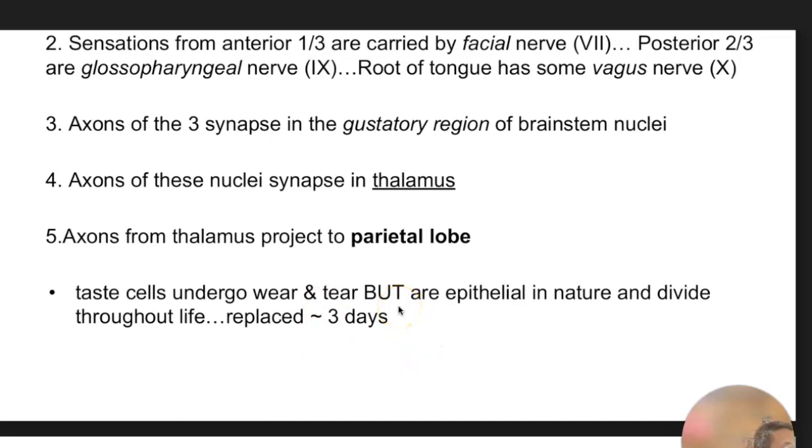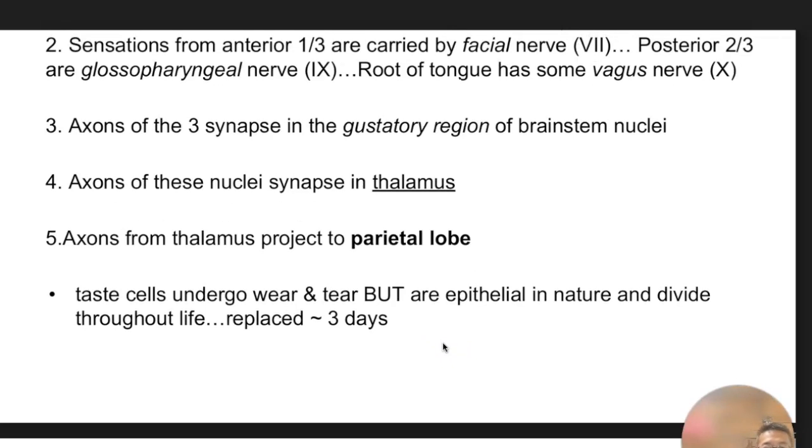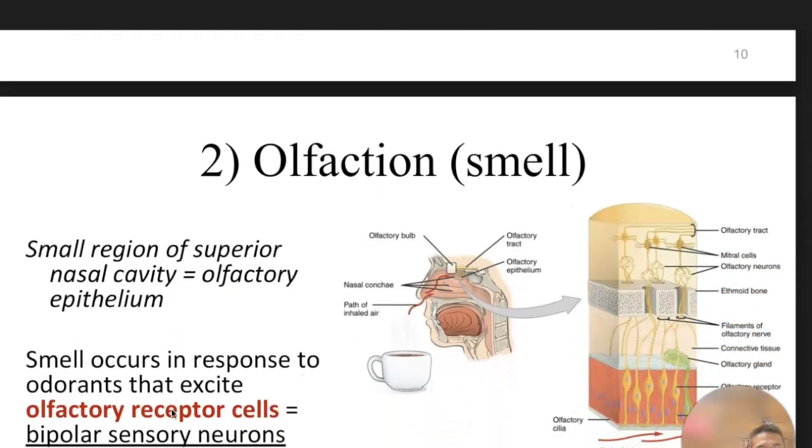So that's why if you eat something really hot, or you bite your tongue, it heals pretty quickly, so you can have your taste back. It's also a protection if you eat something bitter. Okay, next we're going to go into smell.